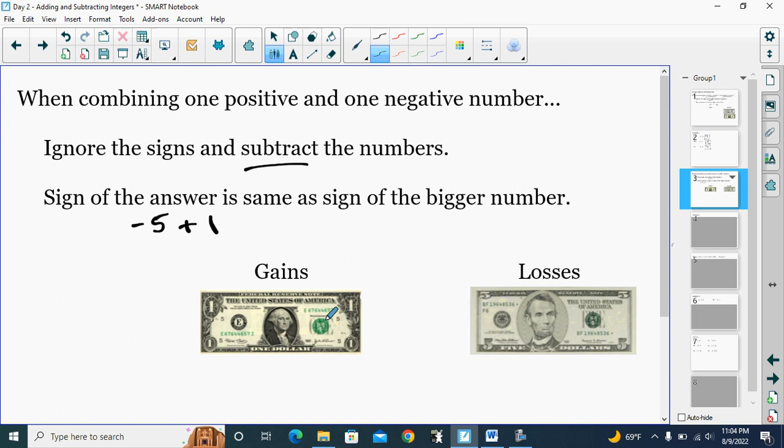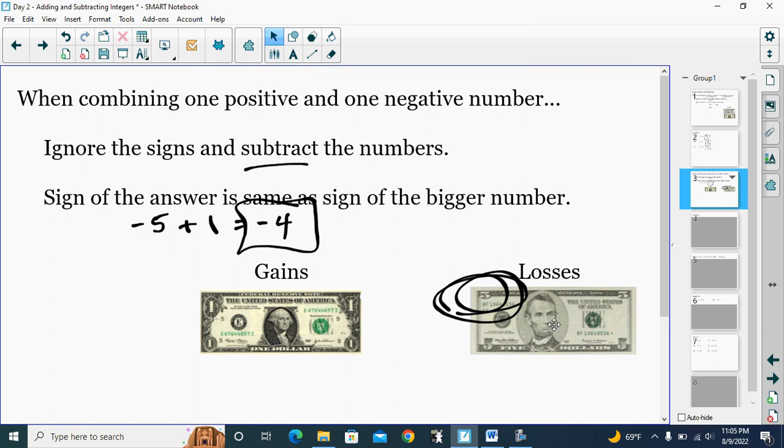Here, I want to figure out the difference between my gains and losses. So I do $5 that I lost minus $1 that I gained. So the difference between these two things is now 4. I lost 5, but then I gained back 1. But then my losses were bigger, right? I lost more than I gained. So overall, I should have lost money, which is why the sign of the bigger number should be the same as the sign of the answer.